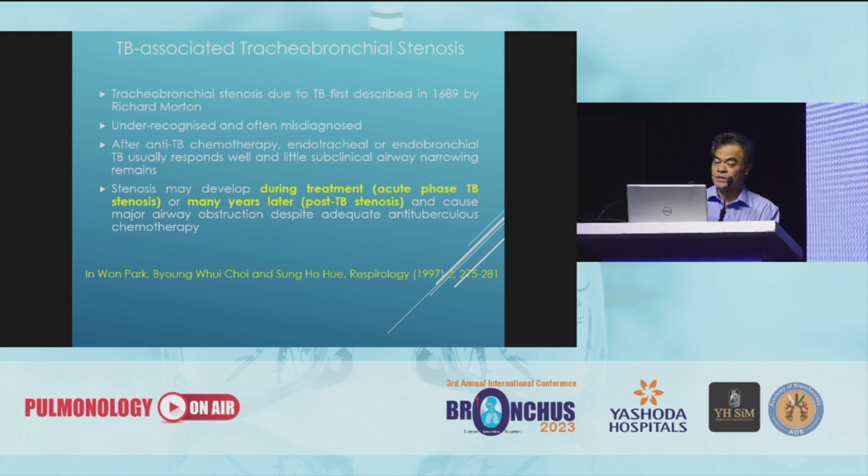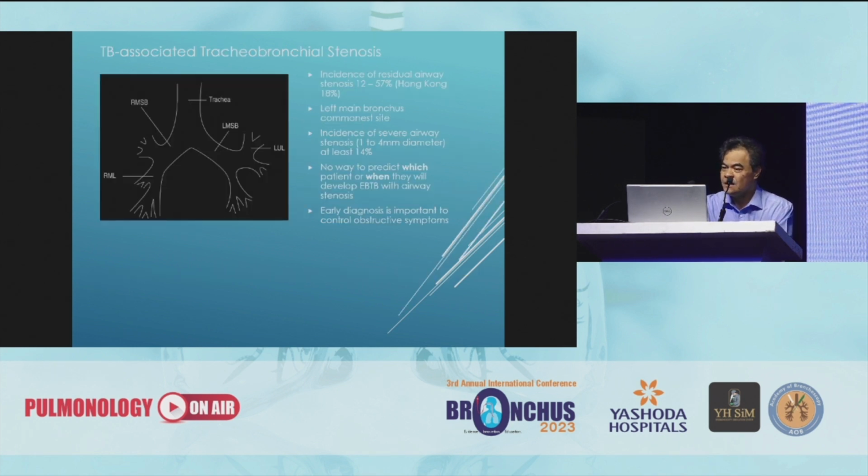which is called post-TB stenosis. So the incidence of residual airway stenosis can be up to almost 60%, and in the Hong Kong series, 18%, and we heard from Dr. Titiwat that the left main bronchus is the commonest site.